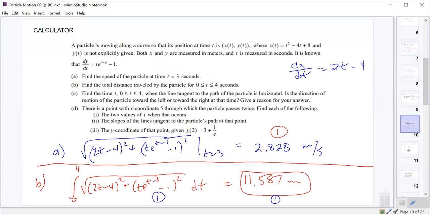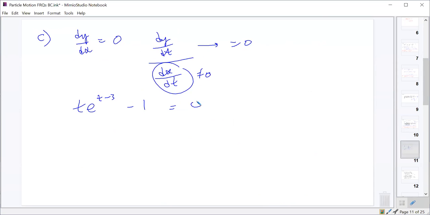Yeah, t e^(t minus 3) minus 1. Set that equal to 0, and you end up getting a value of 2.20794.